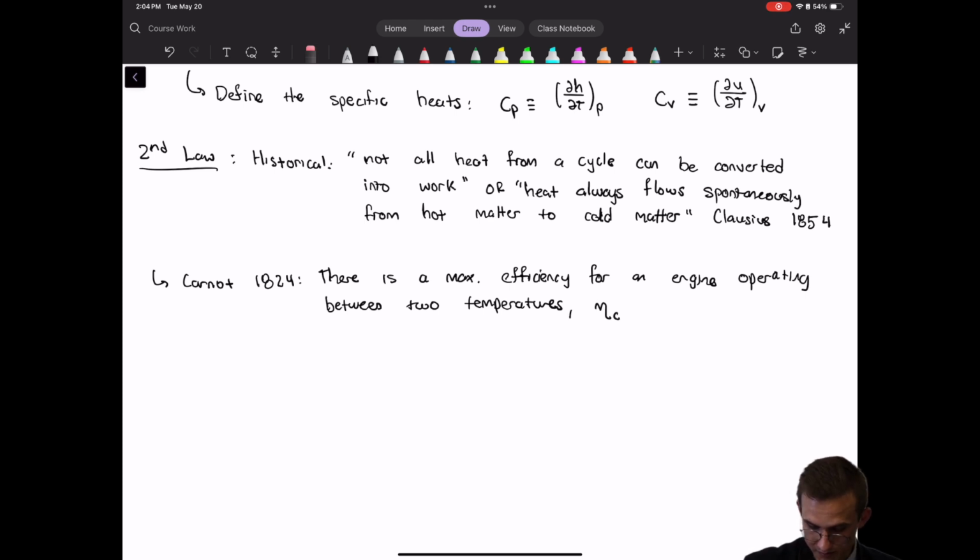So eta C, known as the Carnot efficiency, is equal to 1 minus Tc over Th. Okay, so I'm sure that many of you remember seeing this.